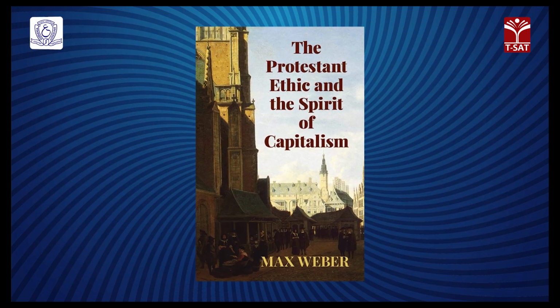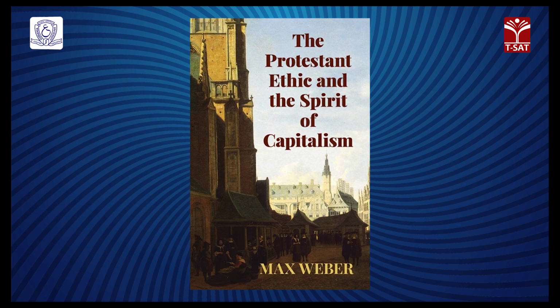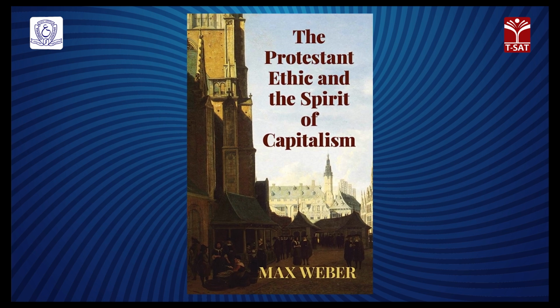Max Weber, in his The Protestant Ethic and the Spirit of Capitalism, has made a classical attempt to establish a correlation between the changes in the religious outlook, beliefs and practices of the people on the one hand and their economic behavior on the other hand.